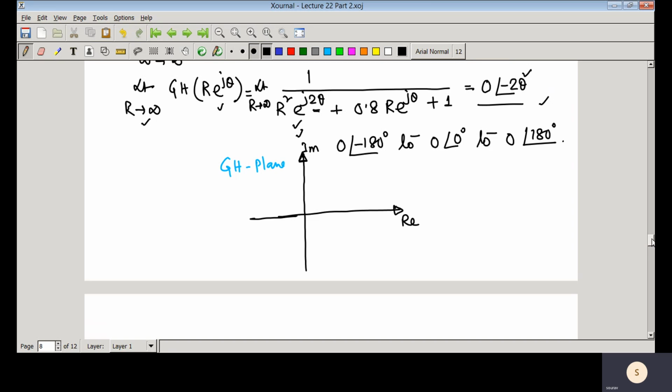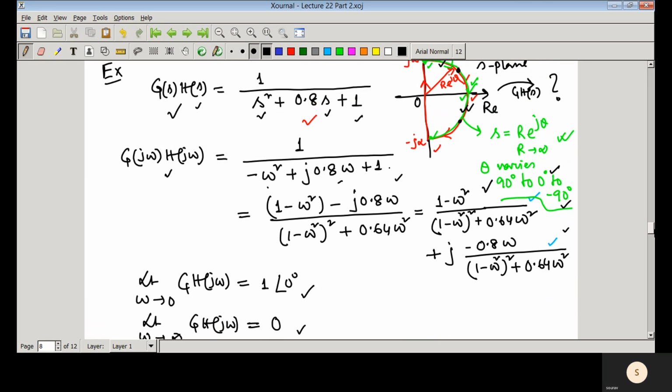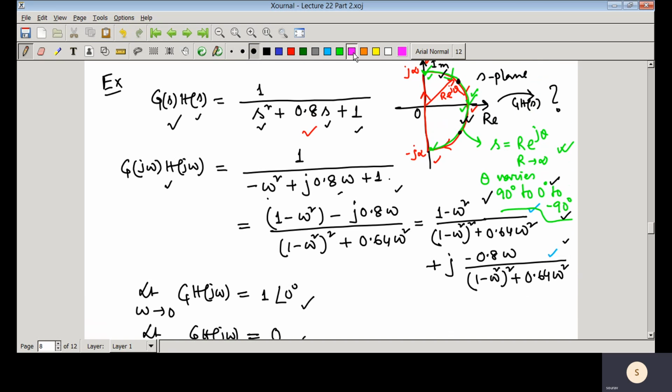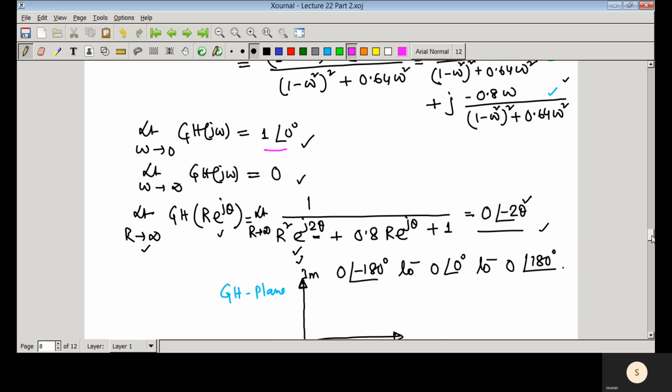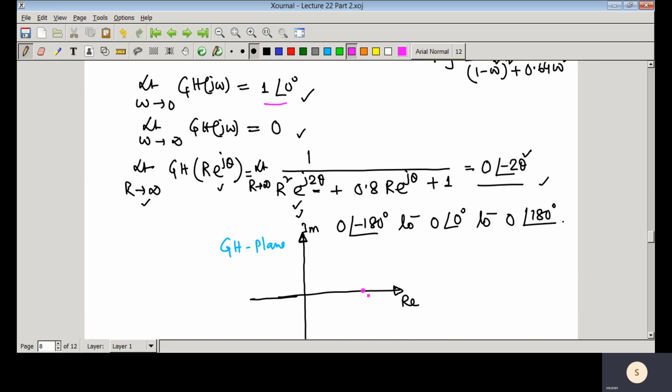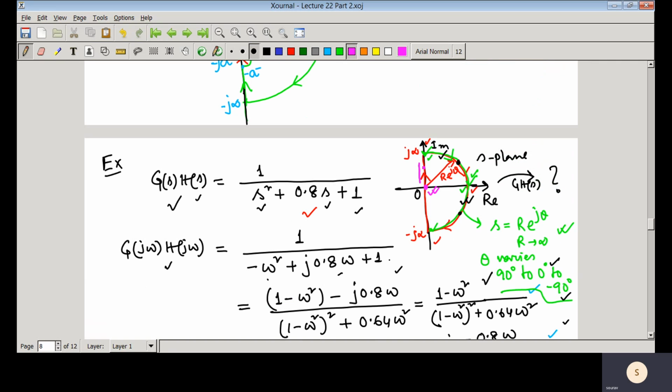Now we can see that whenever omega is 0, you are starting from this point. Omega equal to 0 means your value is 10, so you are here. Now you keep on increasing omega and you are traversing like this.